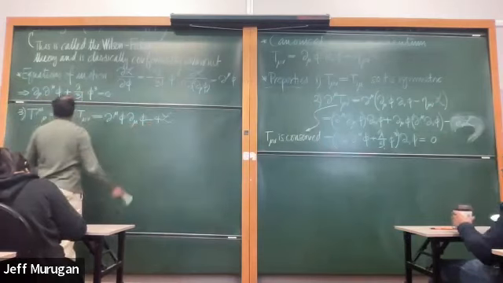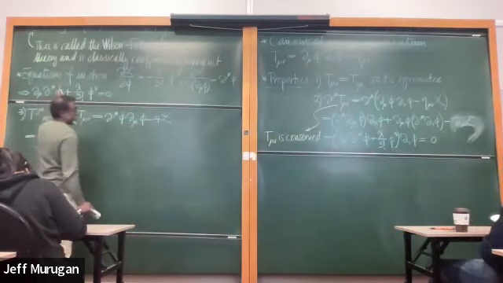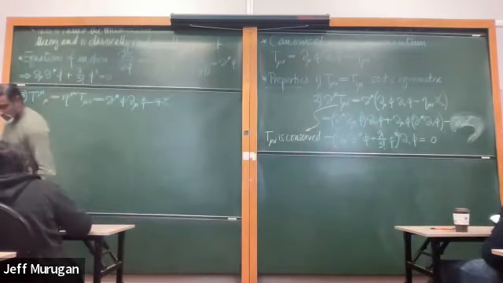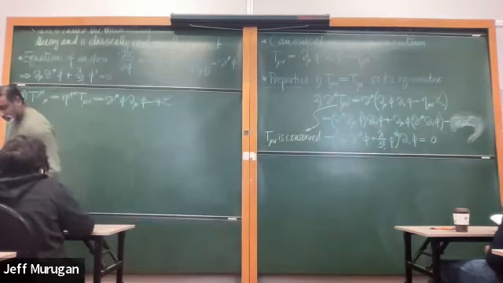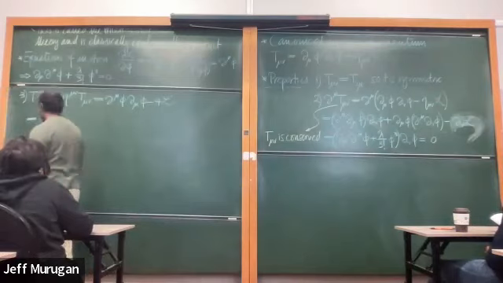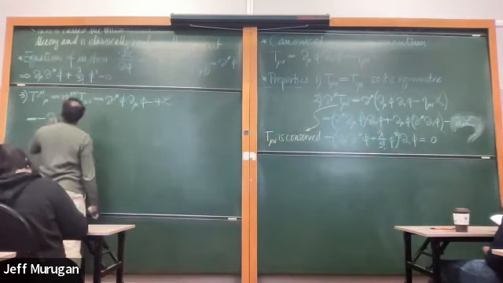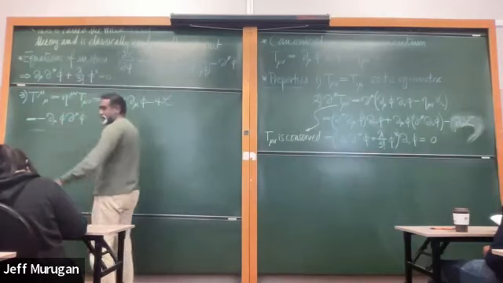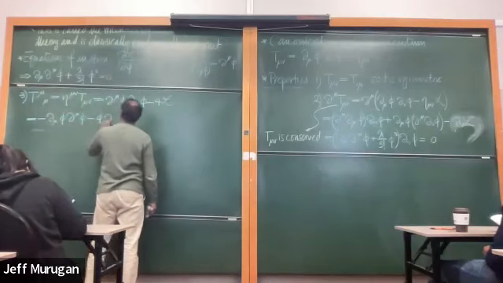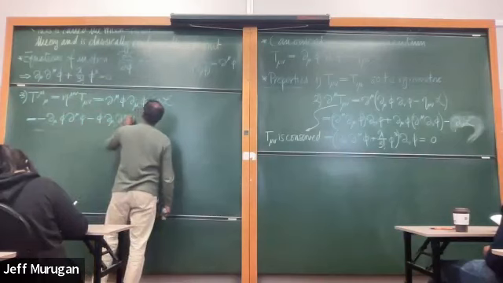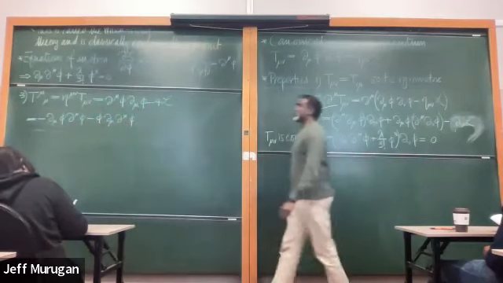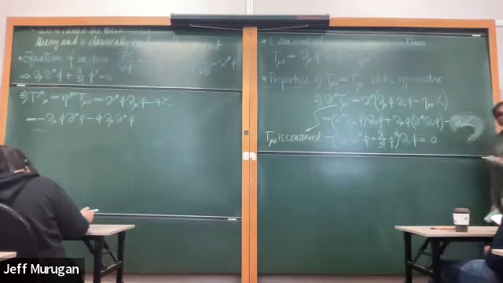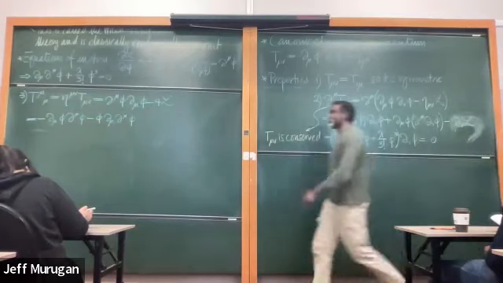Now, if I substitute in the Lagrangian density, I will find that this is equal to some terms in d mu phi d mu phi and phi d mu d mu phi. Whatever this thing is, it's just non-zero.